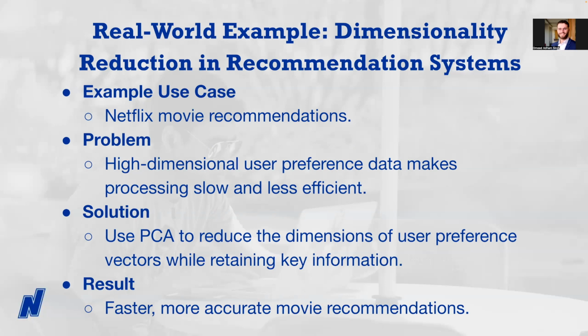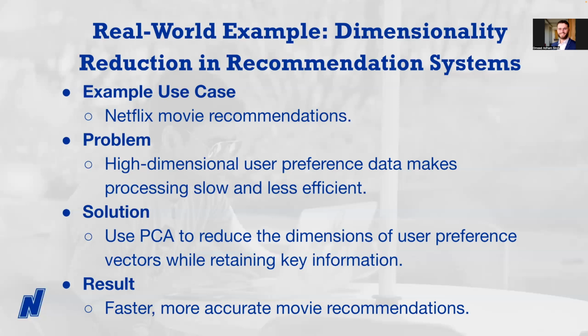To solve this, Netflix uses principal component analysis, PCA, to reduce the dimensionality of these preference vectors. By doing so, they can capture the most relevant patterns, like general preferences for genres or actors, while discarding the noise, such as highly specific and less useful features. This reduction allows Netflix to process data more efficiently and generate personalized movie recommendations more quickly.